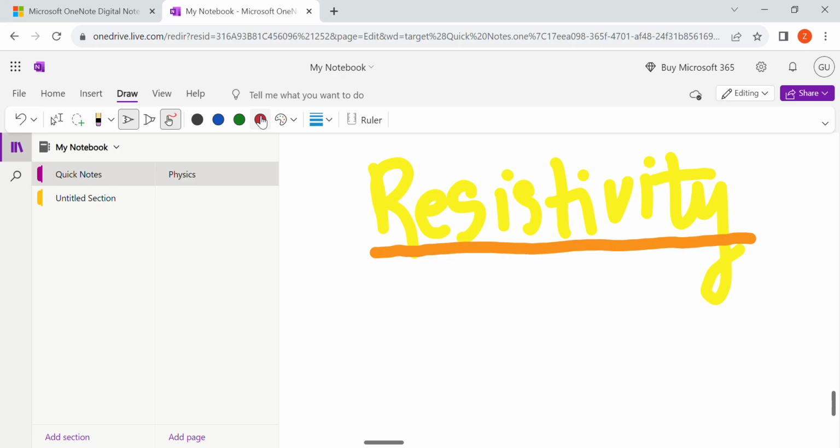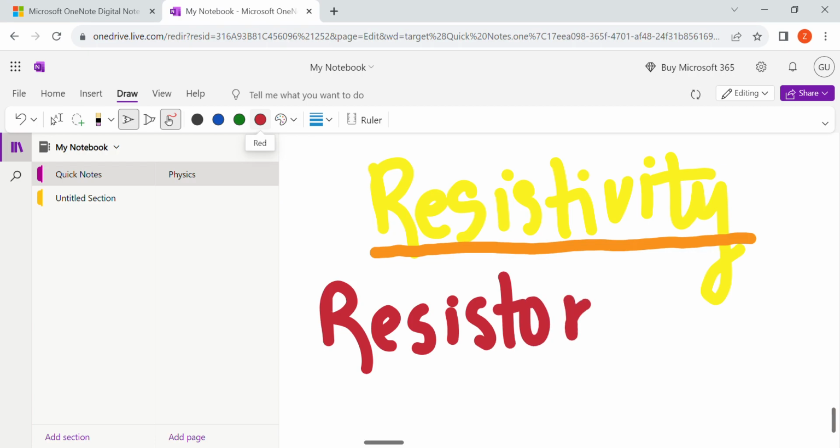Alright, सबसे पहले we need to talk about resistor. Resistor क्या होता है? We'll discuss that first. We're going to start from very scratch. Basically, resistor means... The resistor is a device that opposes the flow of charges.